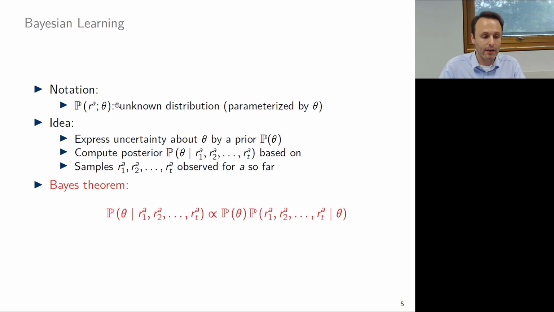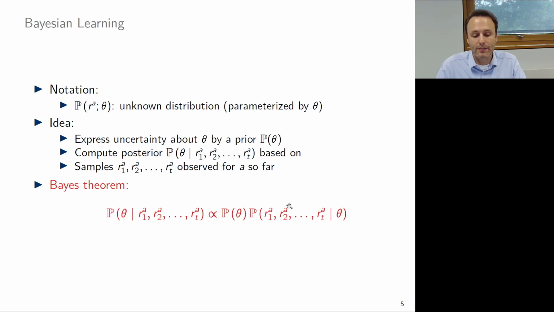But here let's think about the Bernoulli variable that determines the R, which has as a parameter theta the success rate. To express uncertainty about that theta, we form a prior distribution and compute a posterior distribution that takes all the information that we have seen so far to model the uncertainty about theta.